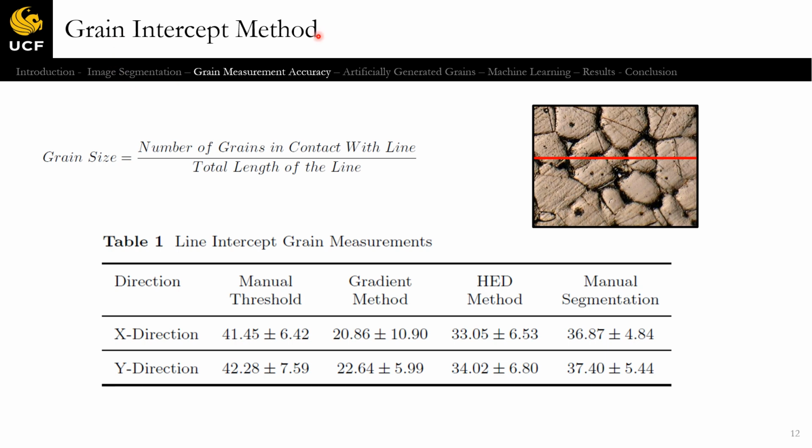So for the grain intercept method, this is kind of just a method to give people a baseline of how large their grain is. It's a somewhat outdated method, but it's also quite quick, so it still is utilized.